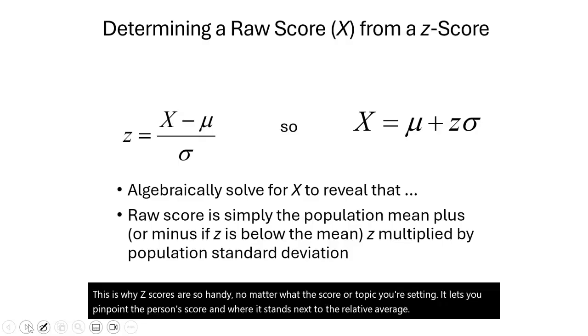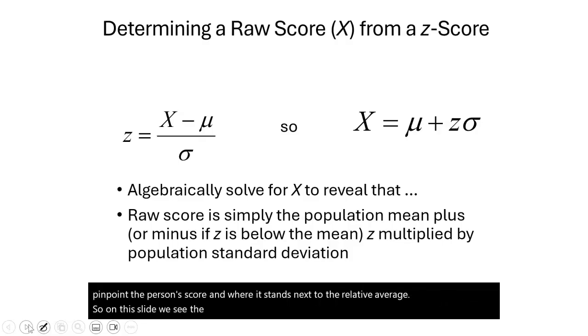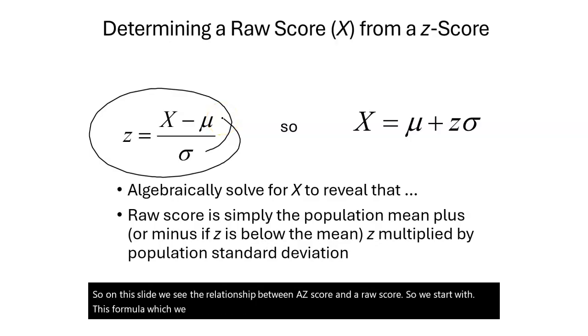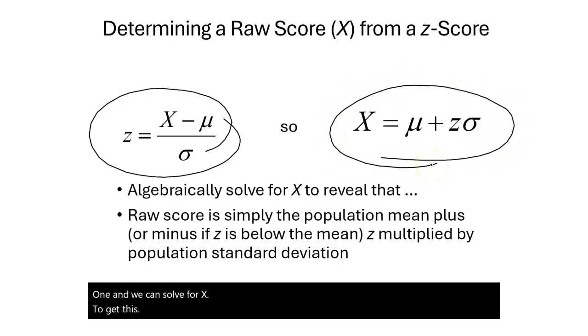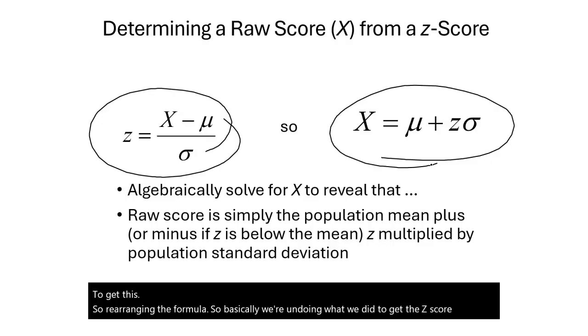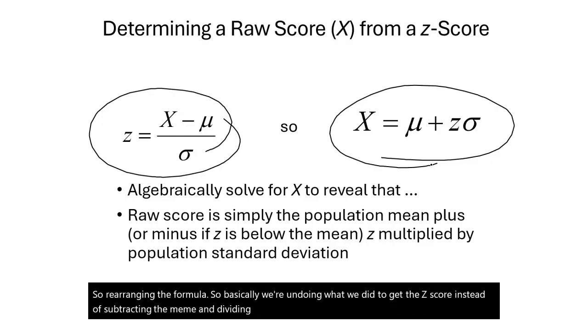So on this slide, we see the relationship between a z-score and a raw score. We start with this formula, which we had on the other one, and we can solve for x to get this. So rearranging the formula, basically we're undoing what we did to get the z-score. Instead of subtracting the mean and dividing by the standard deviation, we add back the mean and multiply by the standard deviation.